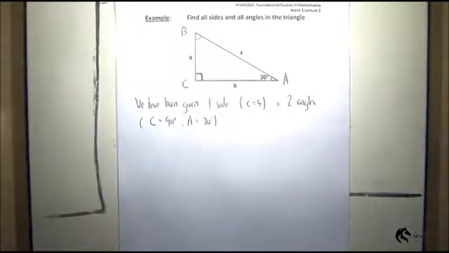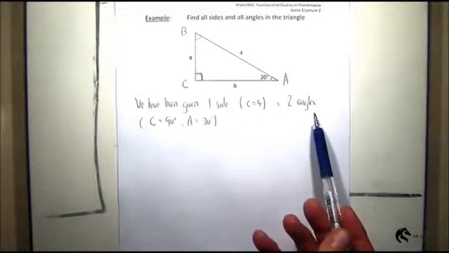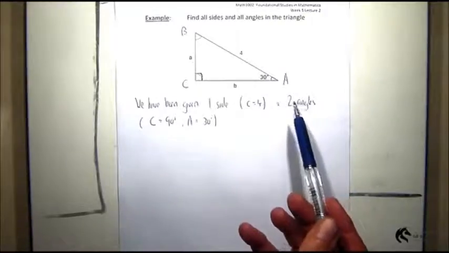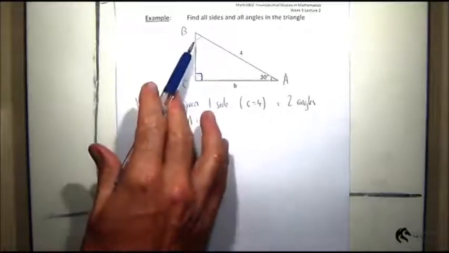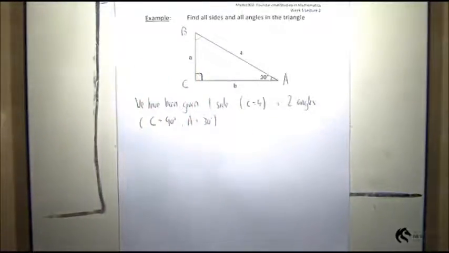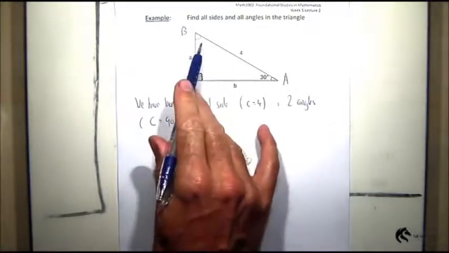The belief is that if I know 3 things about the triangle, then I know all 6. That's what we think. So, to start off with, we can find angle B very easily because we know that the angle sum in a triangle is 180 degrees. And I know 30 and 90, that's 120, so that has to be 60 degrees.